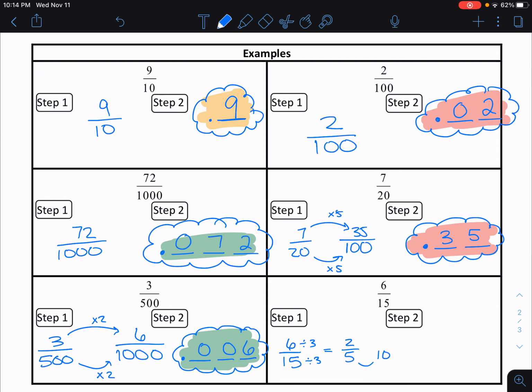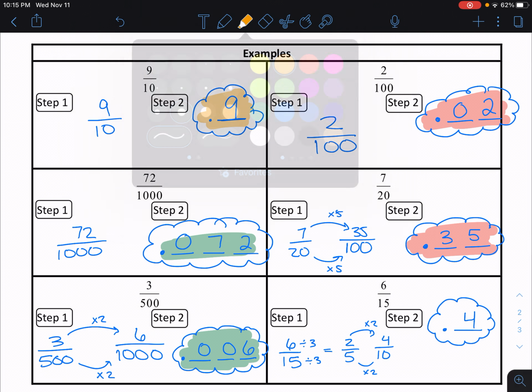But to get from 5 to 10, I'm going to multiply by 2. And 2 times 2 is 4. For my decimal, it's out of 10, so I'm going to have 1 decimal place. And there's a 4 on top. And that's going to be the same as your orange from the very beginning.